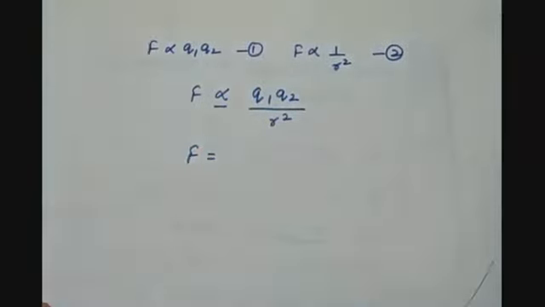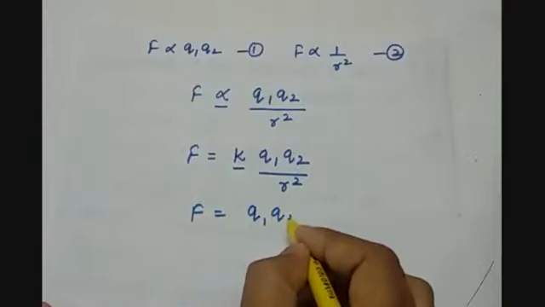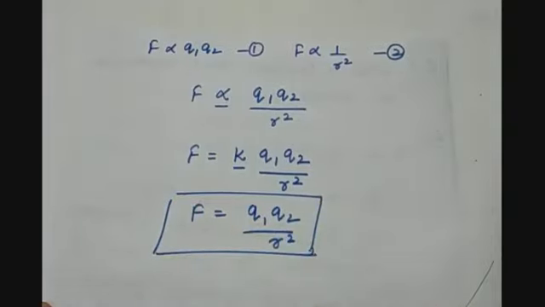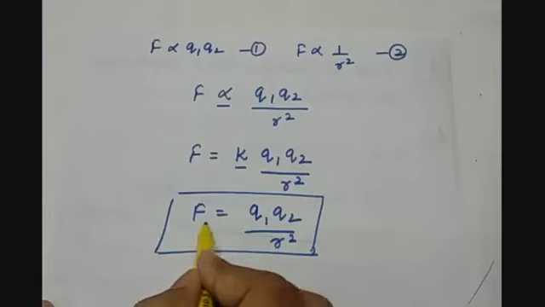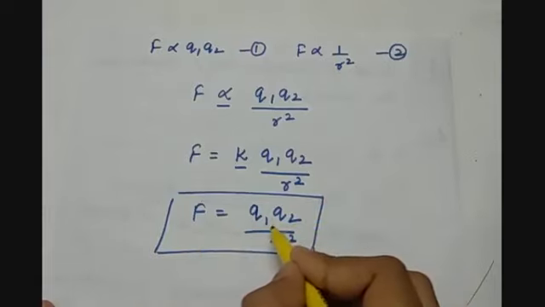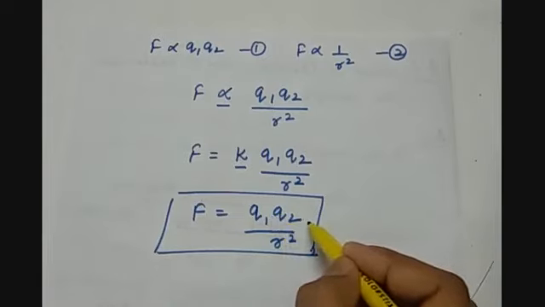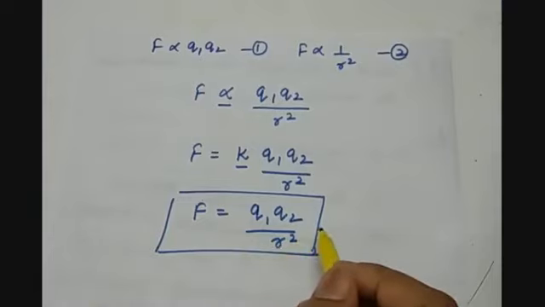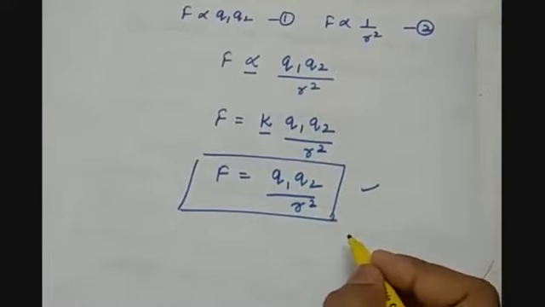And when this K is 1, then F is equal to Q1 Q2 upon R square, and this is our Coulomb's law. According to Coulomb's law, the force of attraction between the two point charges is equal to the product of the charges on them and inversely proportional to the square of the distance between them. Now, this is the final equation for Coulomb's law.